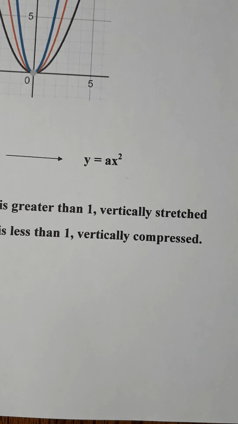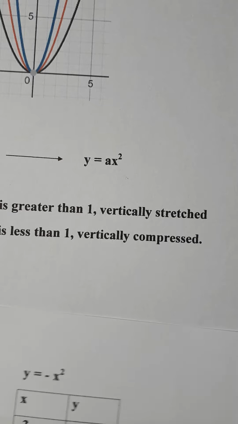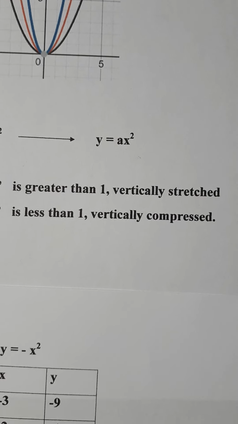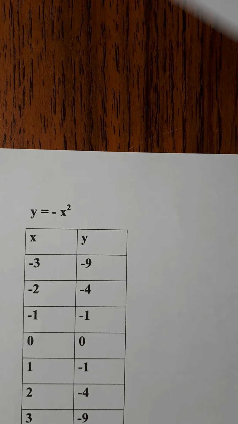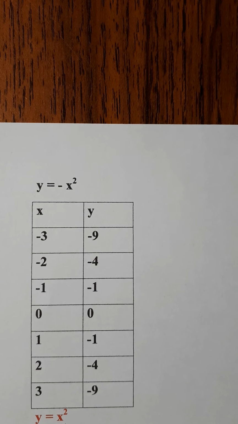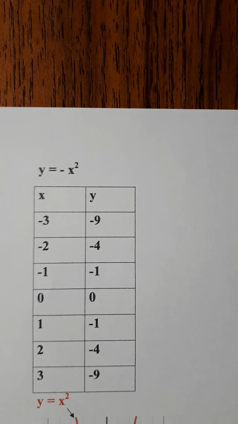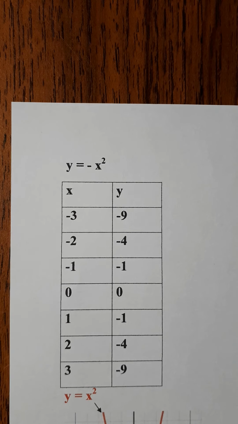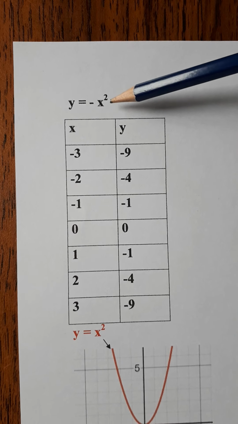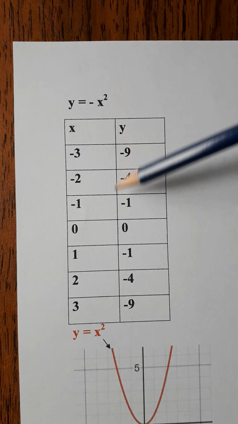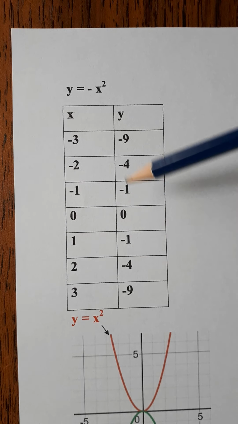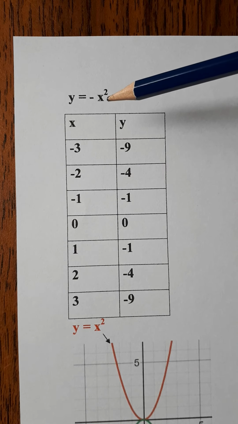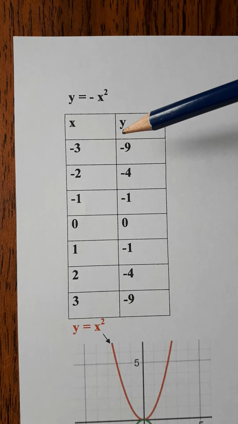And today's final transformation is called reflection over the x-axis. That is, we are going to look at the y equals minus x squared graph. What happens when there's a minus sign here? If we just work it out in the normal way, but after that we have to multiply by a minus sign.